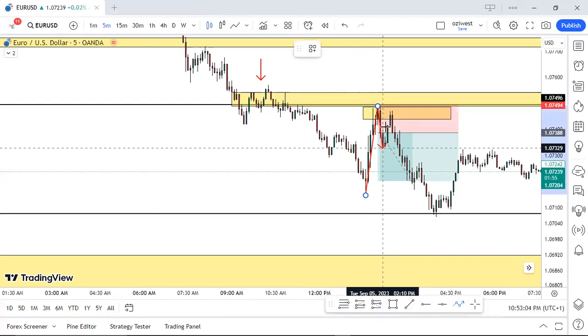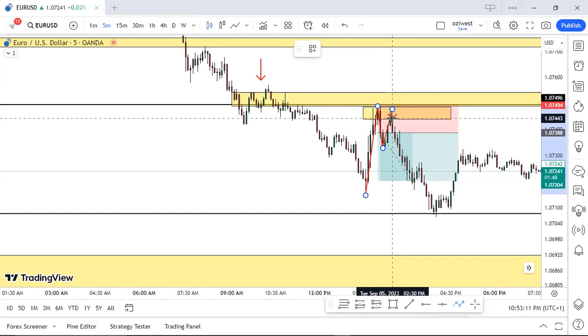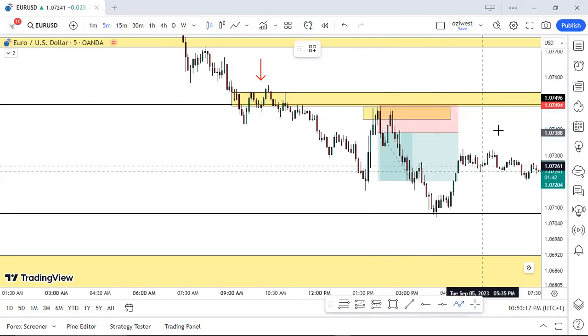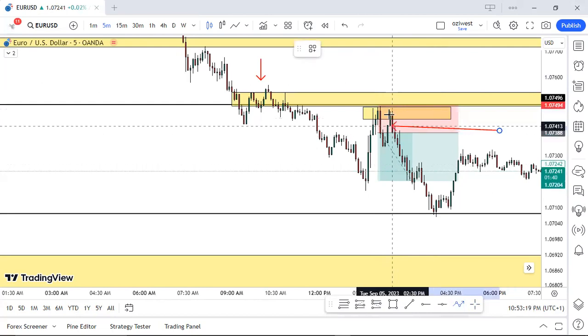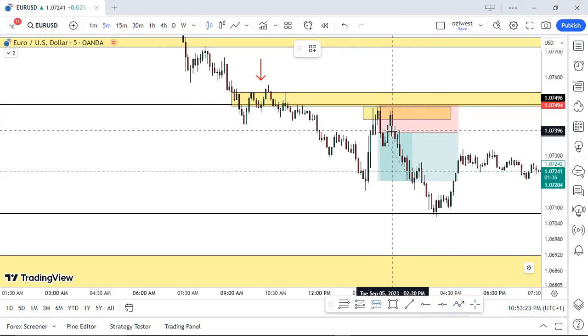I was expecting price to pull back to create an equal high or a double top. So the confirmation I had was this candlestick that closed with a bearish engulfing candlestick, this one. That was when I took the second position.